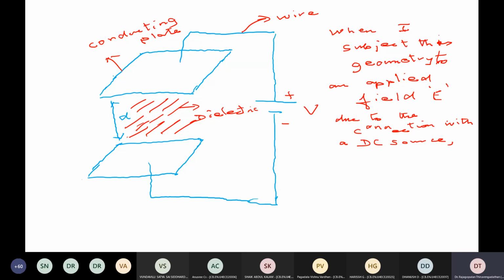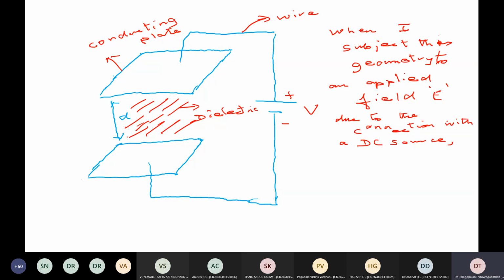Now, the moment I subject this dielectric to the field, the atom is going to be influenced by this field. And how is it going to get influenced? The center of the positive charge, which is the nucleus, and the center of negative charge, which is the electron cloud, separate and orient with the field.